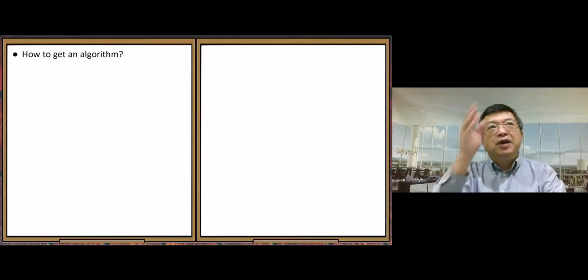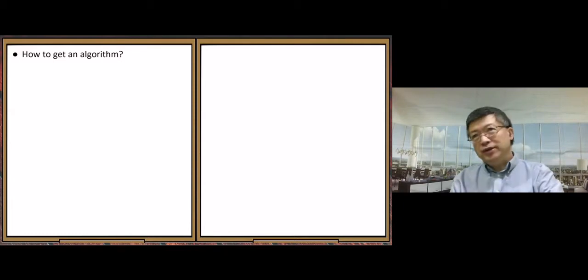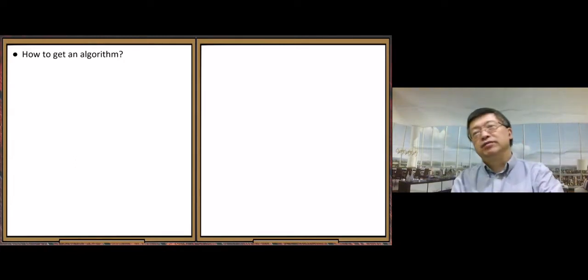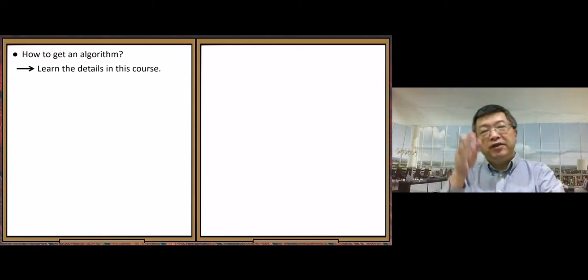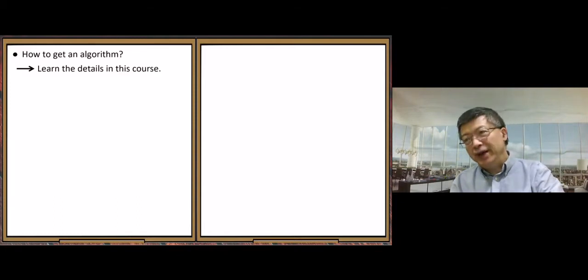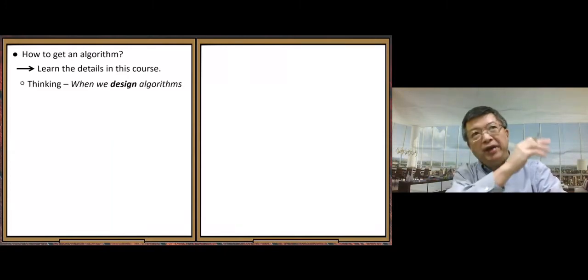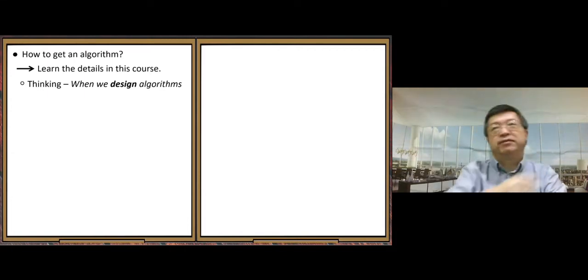Next, how to get an algorithm. We know it's important. Suppose at this point, we all know algorithms are very important in our problem solving. But the question is, how to get an algorithm? So in this class, we will learn the details. We will learn how to get it. A lot of details. But the most important thing to develop a good algorithm, that's thinking.